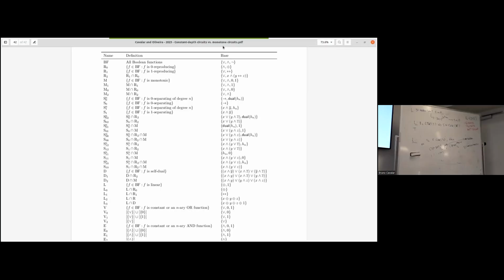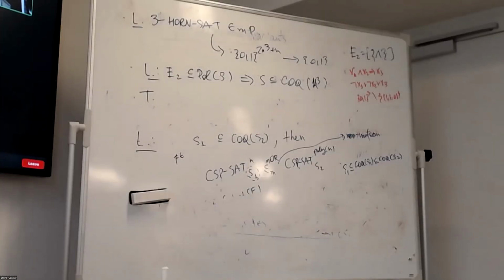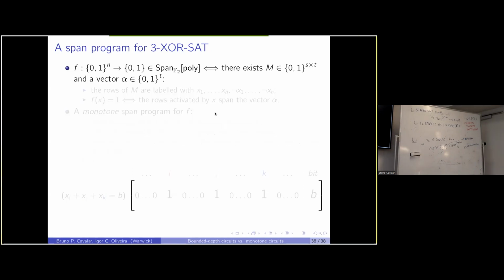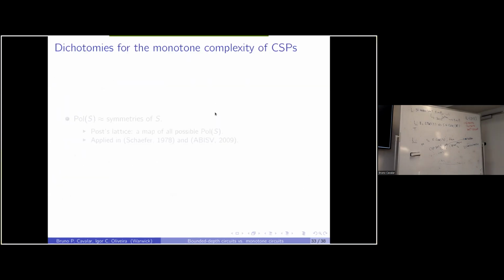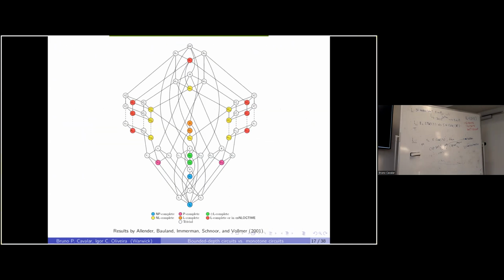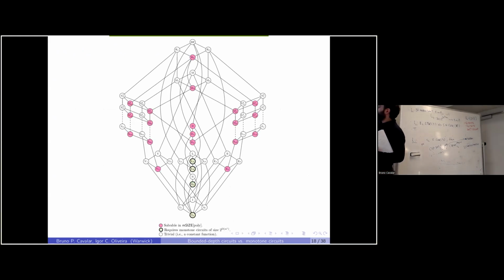So just go back here to the lattice. So you see, rather, the dichotomy. E2 is here the most difficult one that is computed in monotone size poly.